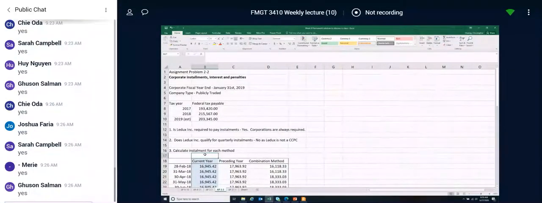All right. Corporate installments, interest and penalties. This was 2-2. So you have here Leduc Inc. They have 3 alternatives.